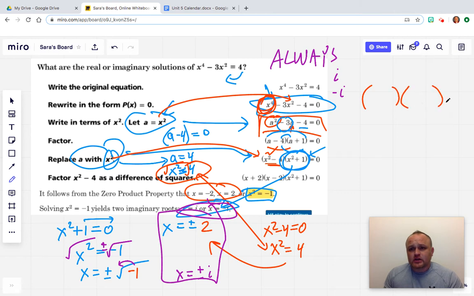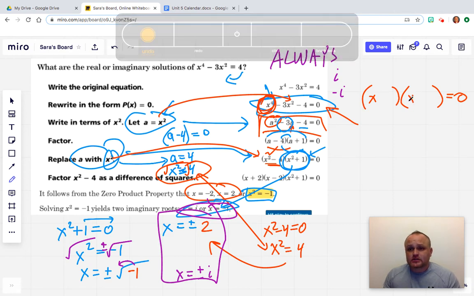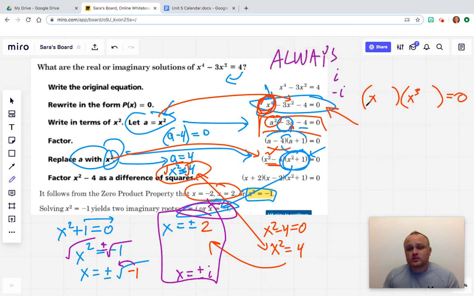We could say from this step right here, what two terms would multiply to give me x to the fourth? You could choose x cubed and x, because when you multiply things with the same base of x, the powers add. 3 plus 1 would give you 4. Or you could have done the first one to be x and the second one to be x cubed. You're still going to get the 4.